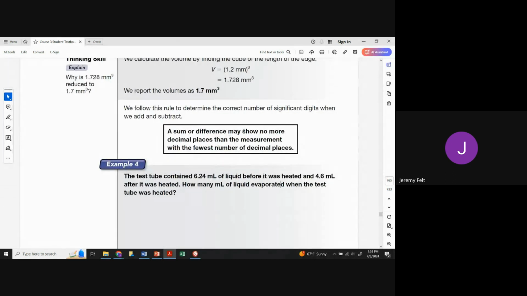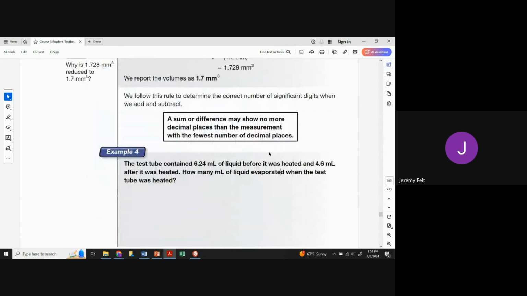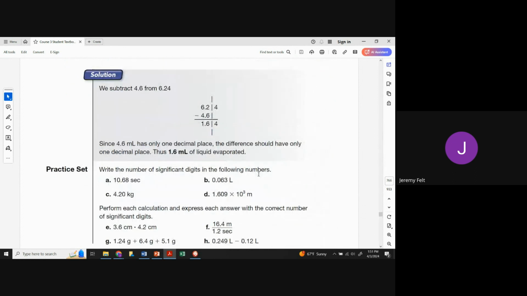Another rule: a sum or difference may show no more decimal places than the measurement with the fewest number of decimal places. So if I have 6.24 milliliters that is heated and there's 4.6 milliliters after it was heated, how many milliliters of liquid evaporated? We find the difference: 6.24 minus 4.6. Well, I have 2 decimal places here and 1 here, so 1 is less than 2, so I'm going to end up with 1.